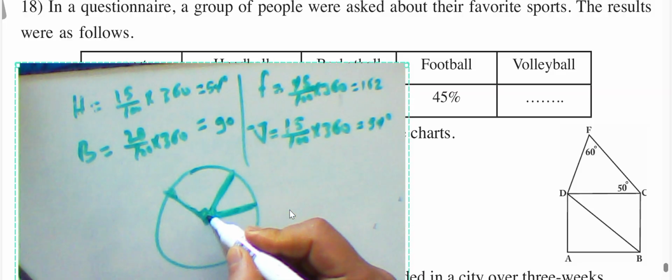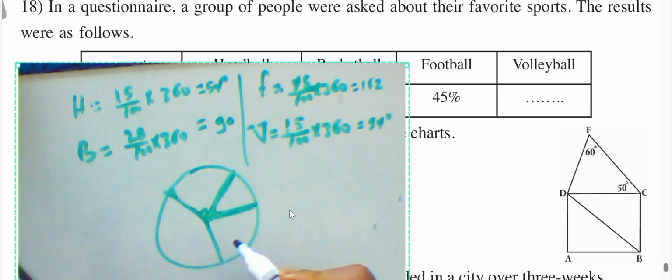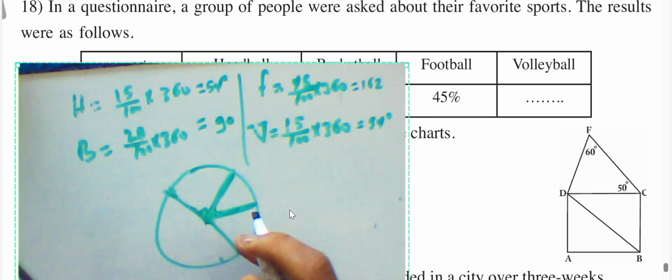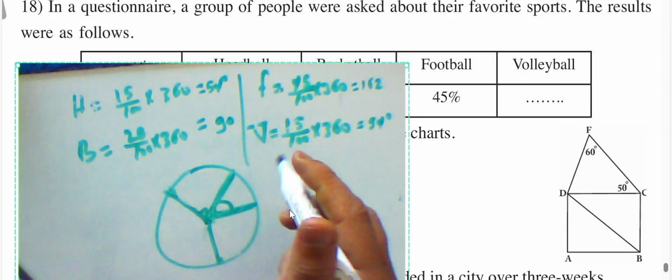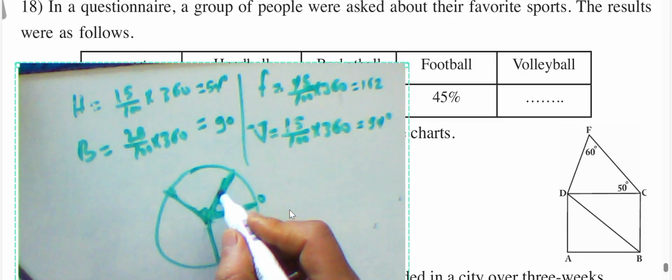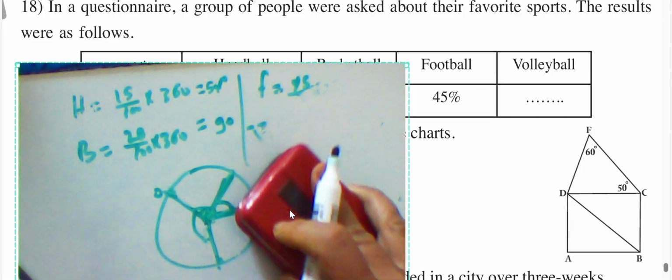Next angle 162, like this, and the last one is 54. You can use a protractor to find the answer: measure the first 54 degrees from 0 to 54, the second 90, and the third 162 from 0 to 162 using the protractor.